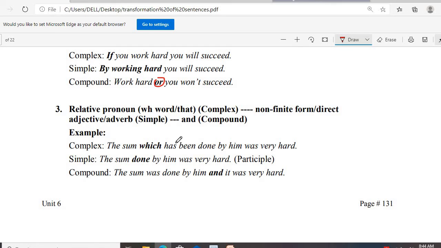And if you want to change these types of complex sentence into compound sentence, you will have to use and.